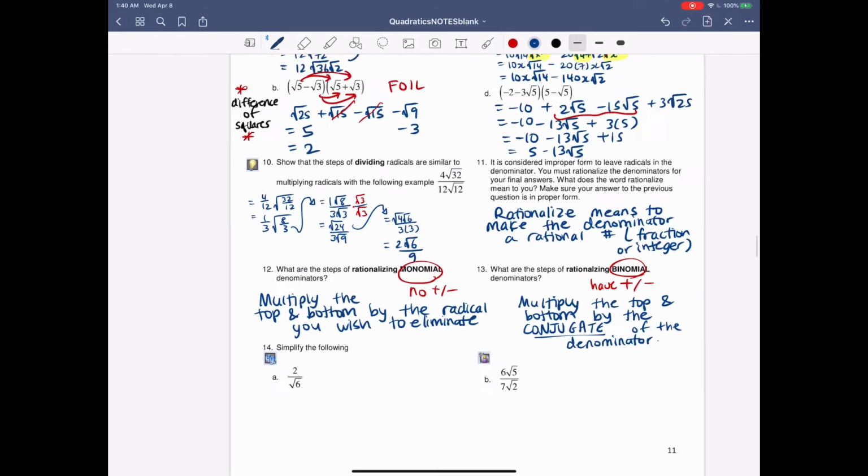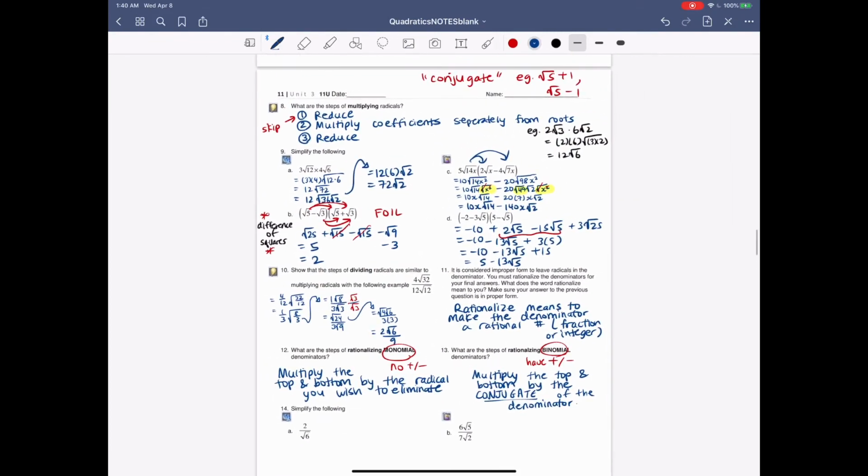Okay, what is a conjugate? We wrote that on the top over there. A conjugate is when you have the opposite sign for the second term.